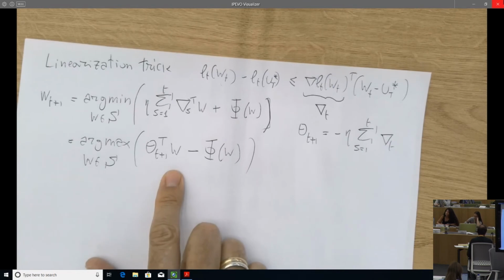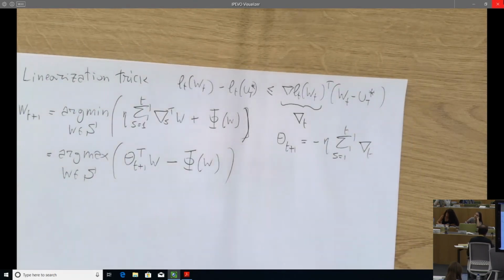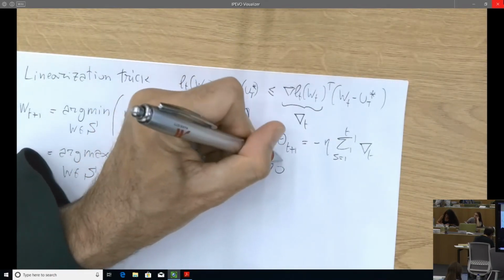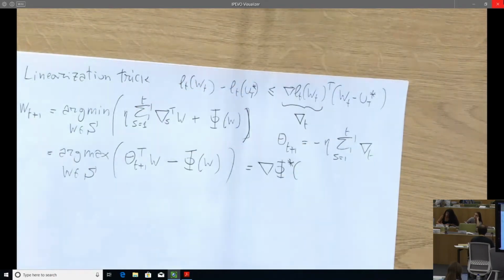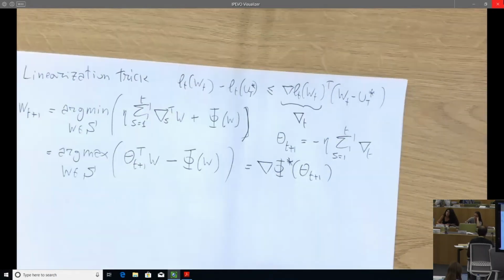So now this thing has a closed form solution, and you can study this in convex optimization. The closed form solution of this is equal to the gradient of this function here, evaluated at theta_{t+1}. This sounds a little bit mysterious. What is that?